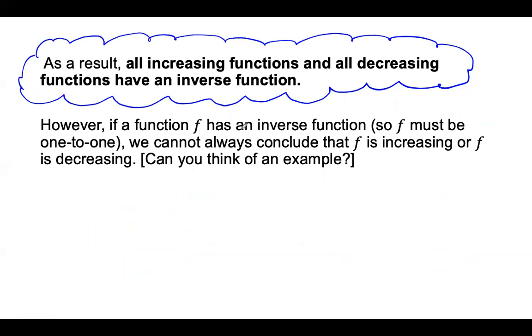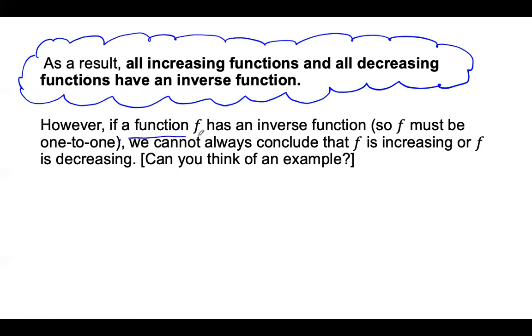However, if a function has an inverse, this function must be 1 to 1. We cannot always conclude that if f is increasing or decreasing, that it's always this way. So let's read.